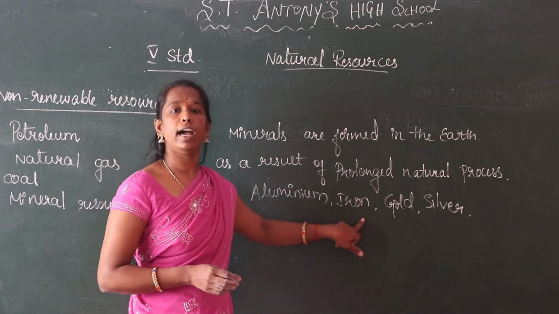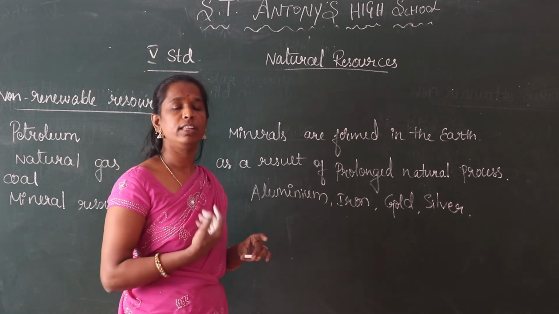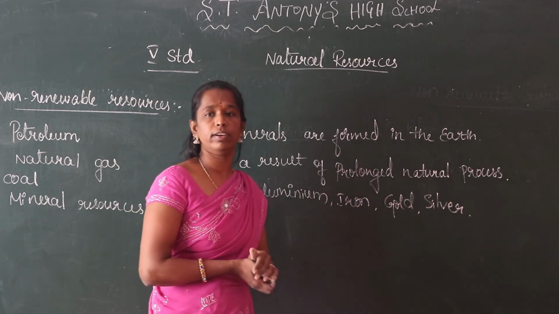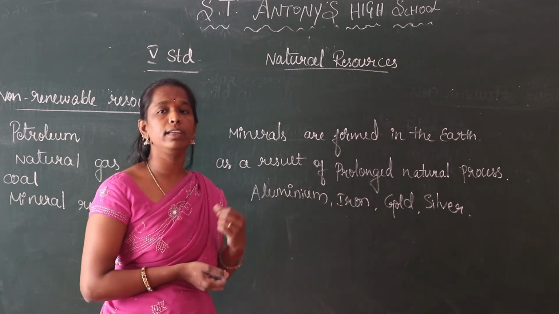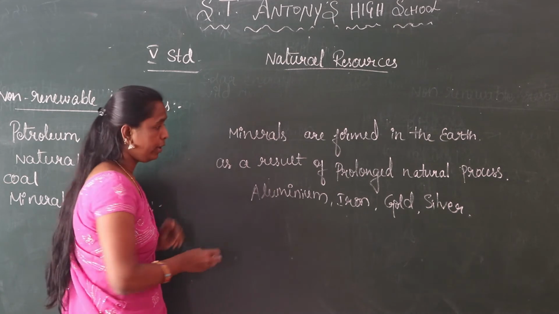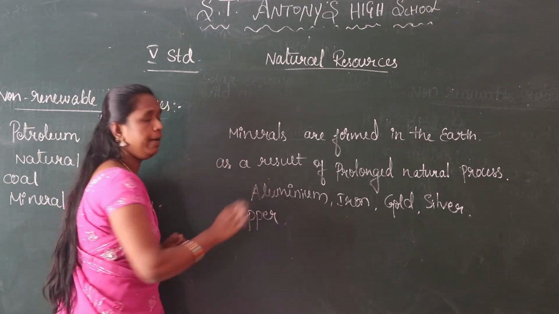Okay. Next one is iron. Iron is used for building construction. Okay, children. Next, gold and silver are used for making jewels. And also copper. Copper is a metal.